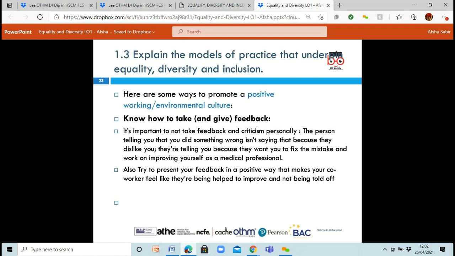There are some ways to promote a positive working and environmental culture. First, know how to give and how to take feedback. When you get feedback, it's not somebody criticizing you. It's somebody who's looked at something and realized there might be a step that can be made a little bit better, and they're just helping you to fix a mistake or something that can save you time.